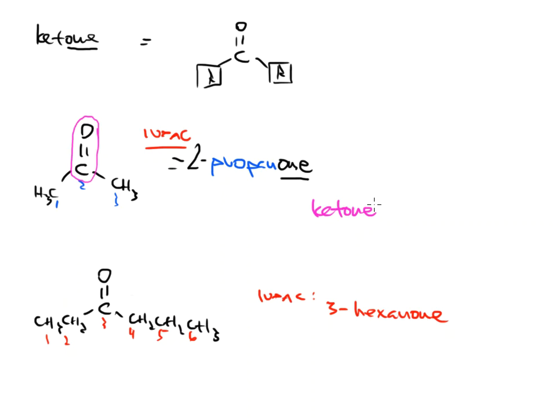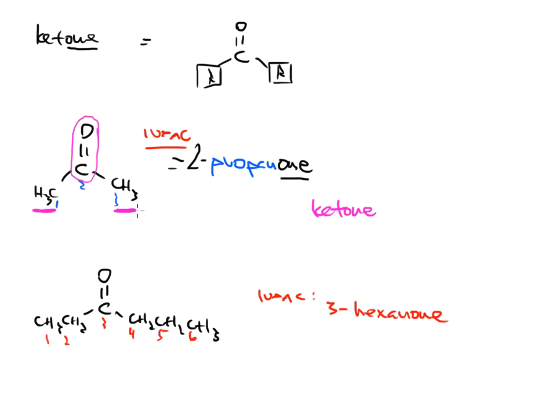That takes care of that carbon double bond O. The ketone also lets me understand that there's a carbon group to the left and a carbon group to the right. Well, what carbon groups are there? If you look at the structure, we have a 1-carbon group to the left and a 1-carbon group to the right. So what I do is I name those groups.